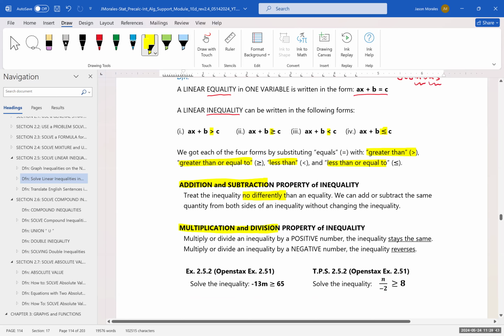Multiplication and division. If you multiply or divide an inequality by a positive number, then the inequality stays the same, no change. But if you multiply or divide by a negative number, the inequality reverses.